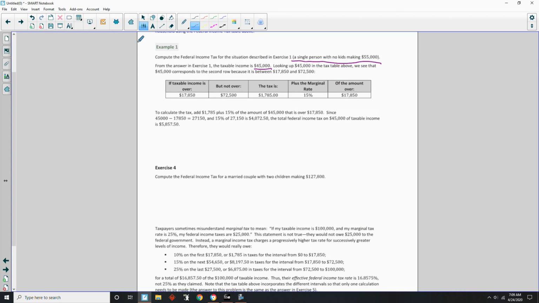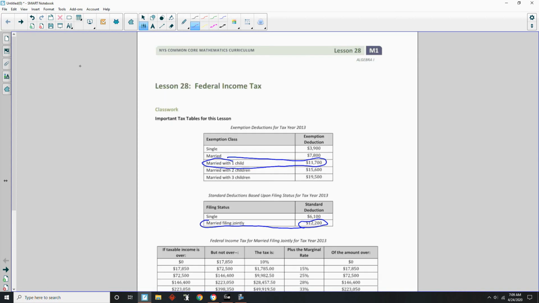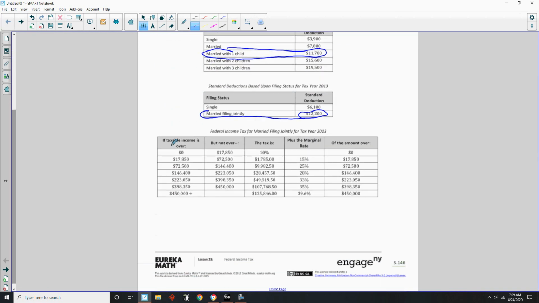So they're going back to the first page, down to the bottom, and 45,000 is more than 17,850. So taxable income's over this, but not over this. In other words, between 17,850 and 72,500, and that's where our $45,000 is.